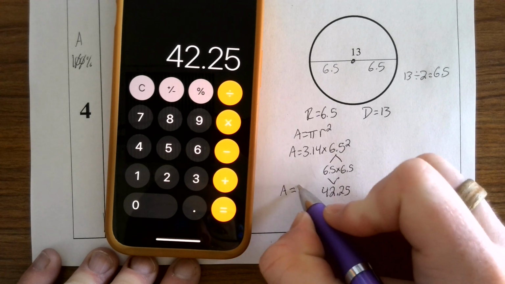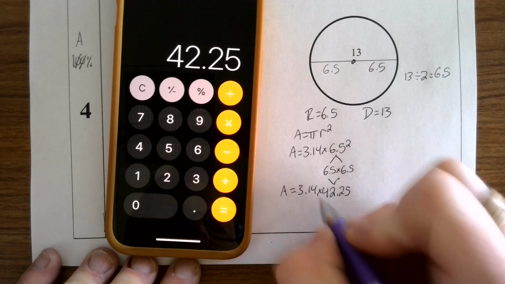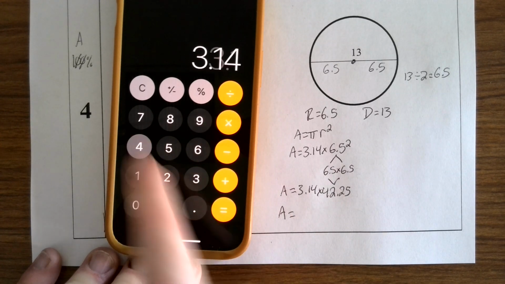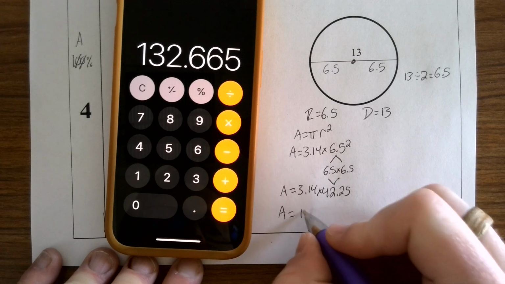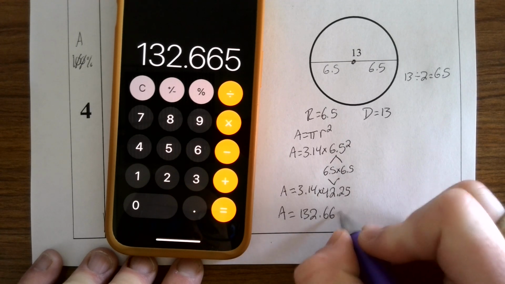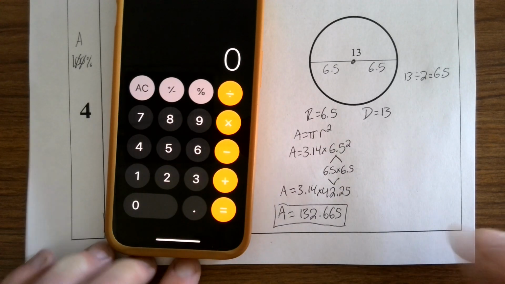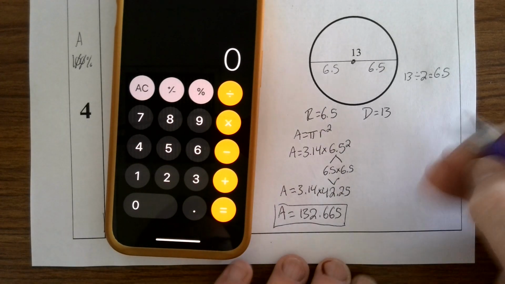Multiply that times 3.14 equals 132.665. Here's our area.